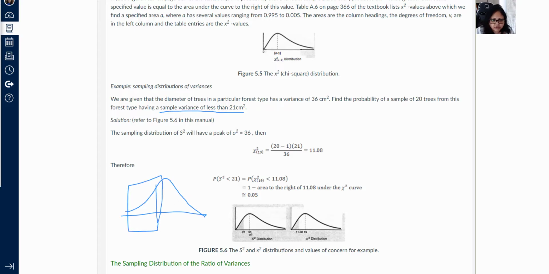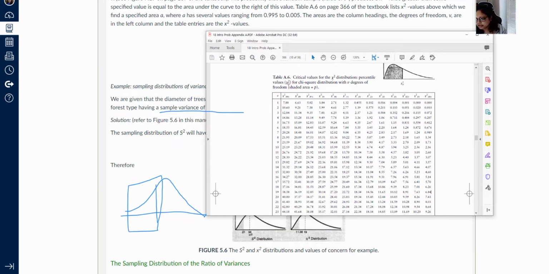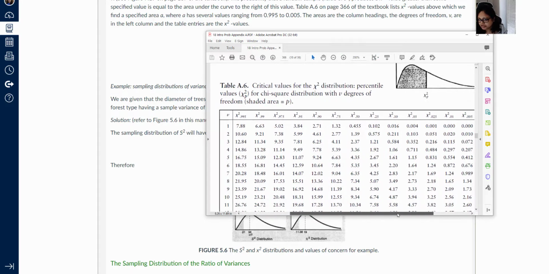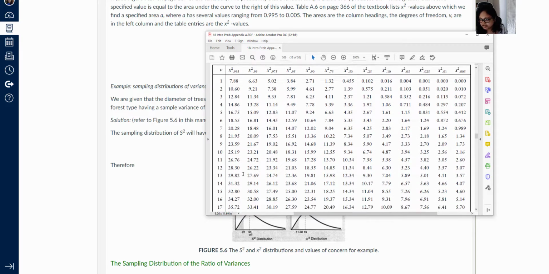Okay, so let's go to the chi-square table. Let me make it larger. For the less than values, the degrees of freedom was 19.